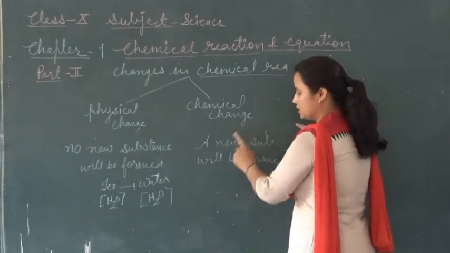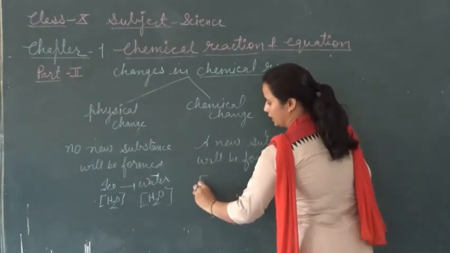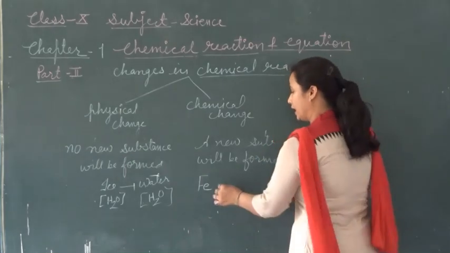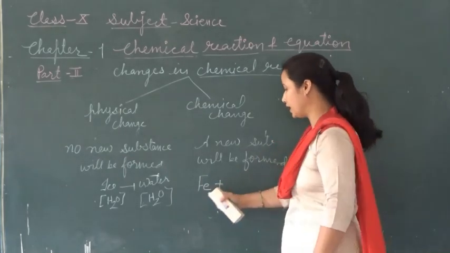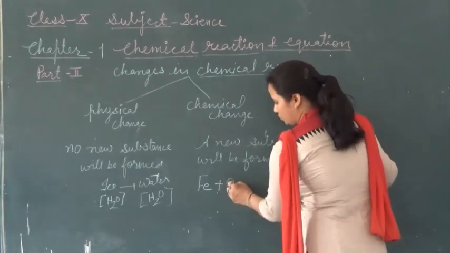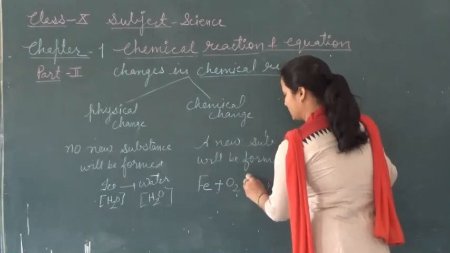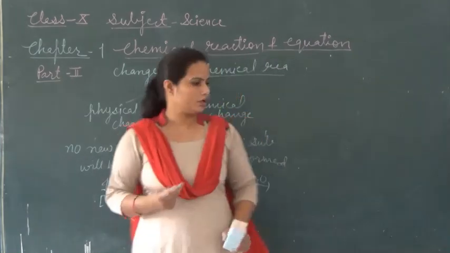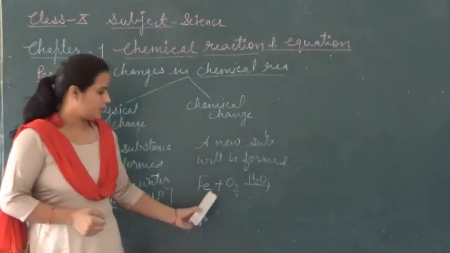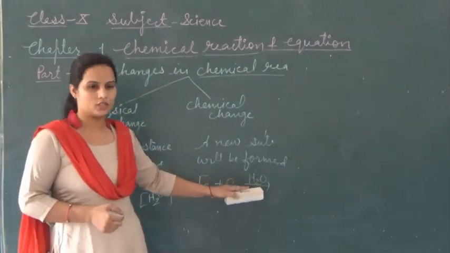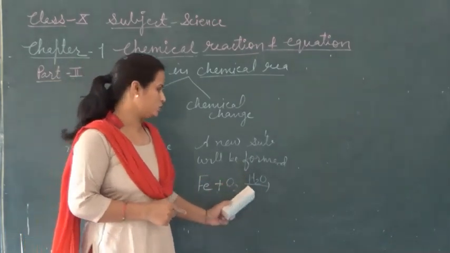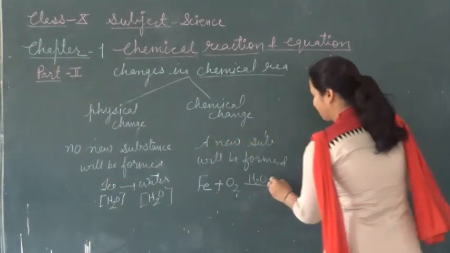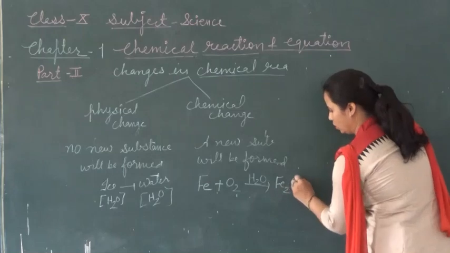But in chemical change, a new substance will be formed. It means if iron gets rusted, when iron reacts with atmospheric oxygen in presence of moisture, two conditions are required for the rusting of iron. Iron reacts with oxygen in presence of moisture, so we write H2O, and it forms Fe2O3.